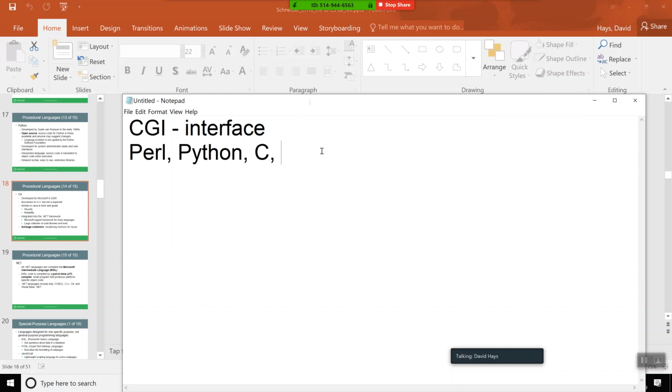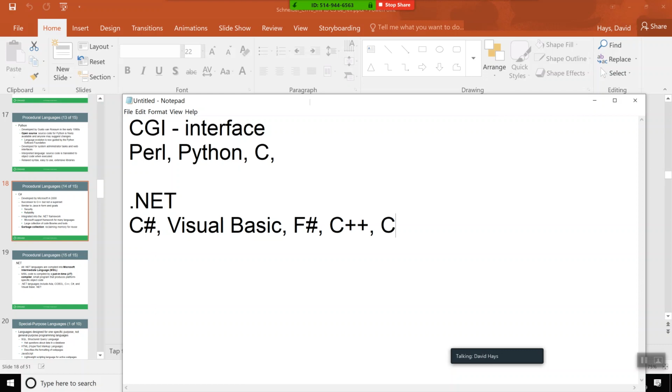Same thing with the .NET framework. You have program languages that talk via the .NET framework: C#, Visual Basic, F#. I think C++ is on .NET too. There's a whole bunch of them.